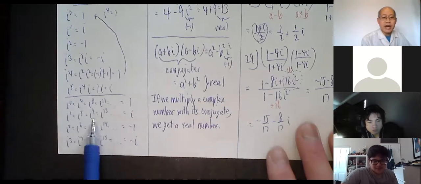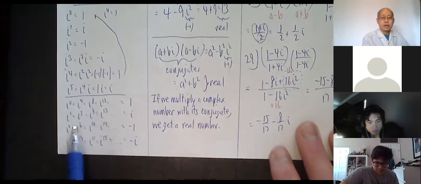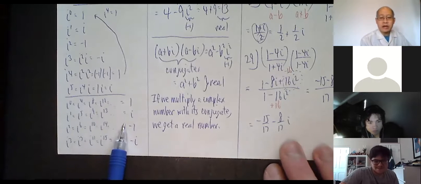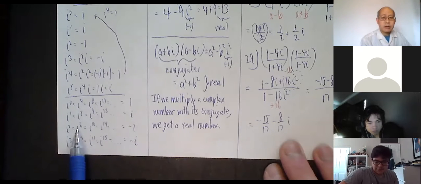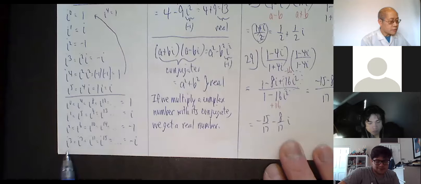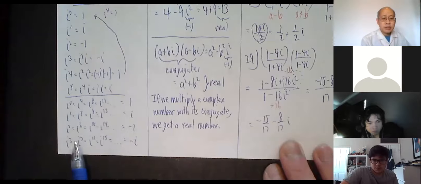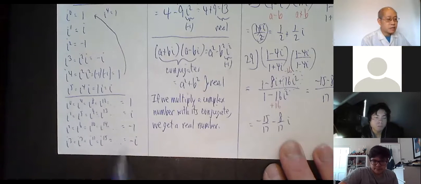All of these are equal to i: i to the 1, i to the 5th, 9th, 13th, and so on. So you can see they're 4 apart. All of these are equal to -1: i squared, i to the 6th, i to the 10th, i to the 14th, and so on. And all of these are -i: i cubed, i to the 7th, 11th, 15th, and so on.